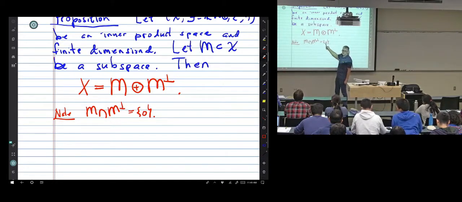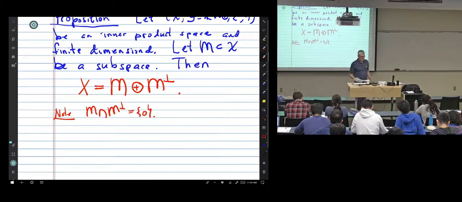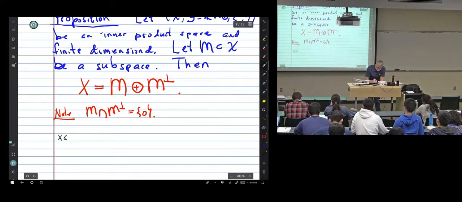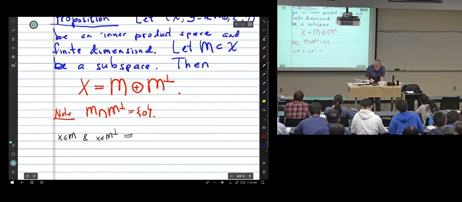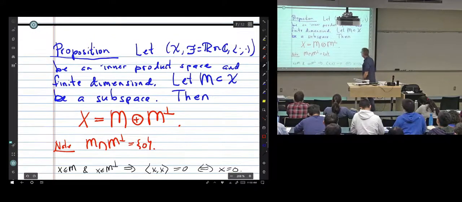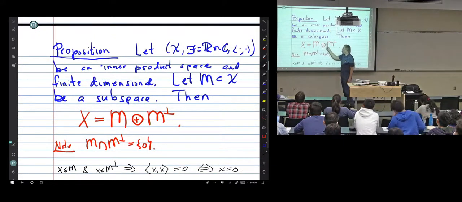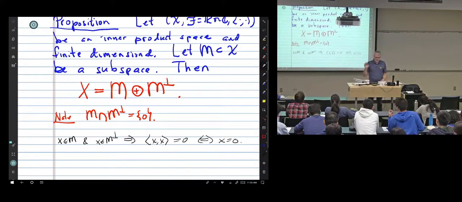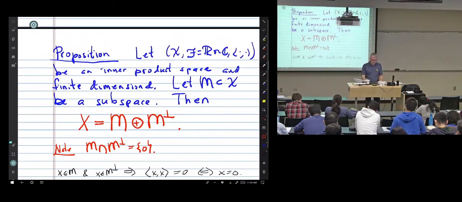So it has to be the 0 vector. So the direct sum part is easy, but can I always write x as everything that's in M plus something that's orthogonal to M? So that's what we'll look at on Thursday. And that'll allow us to complete the proof of the projection theorem.